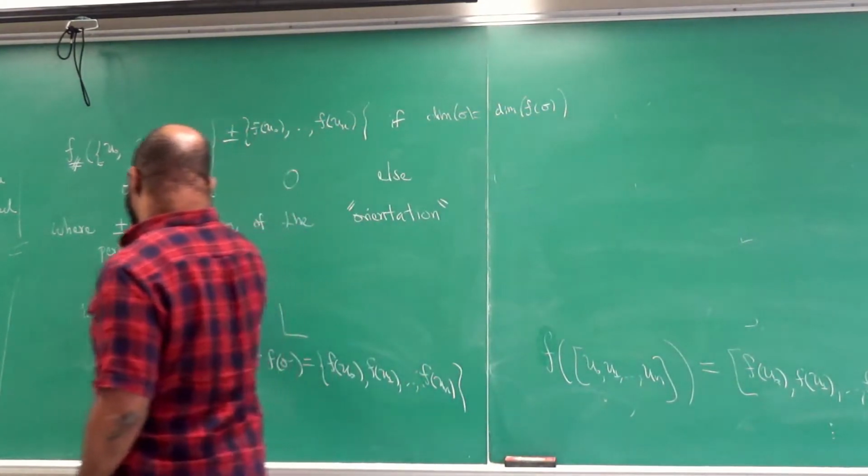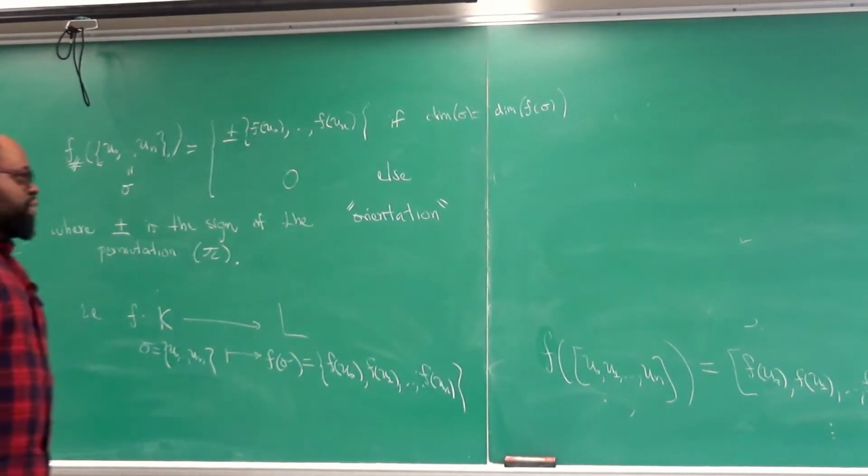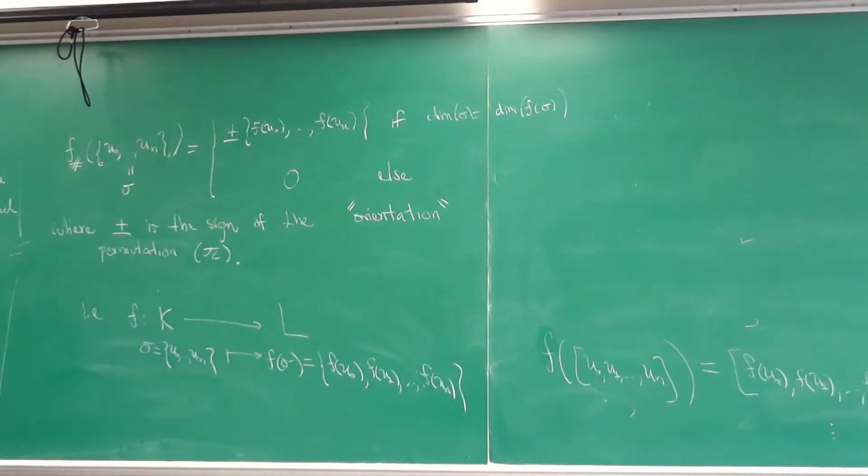So it's going to be plus or minus depending on whether or not I need an even number of steps or an odd number of steps. Okay. So let's give a couple of examples just to get our heads around this definition.